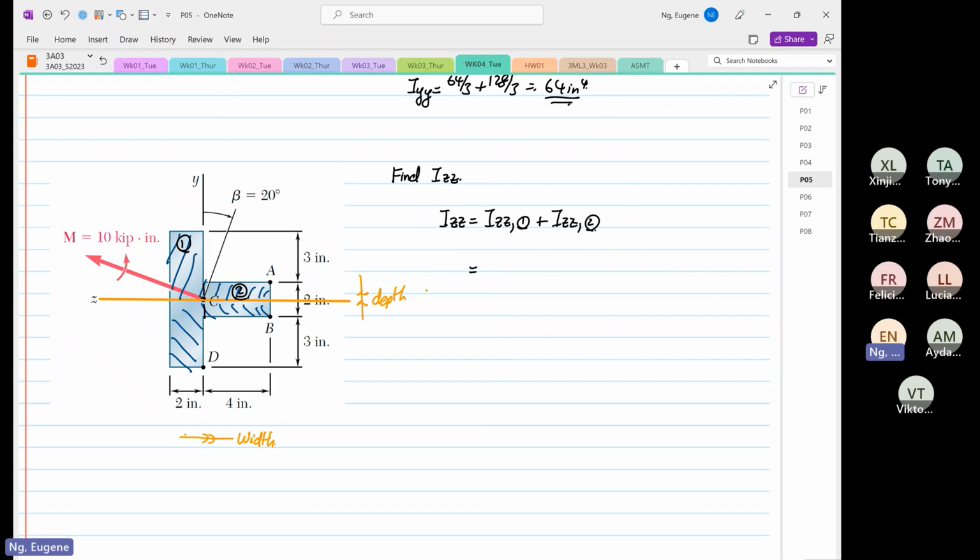So this will be equal to, IZZ1, the width is 2. The depth is 8 cubed over 12 plus the width is 4. The depth is 2 cubed over 12. So it's useful to identify which is your width and which is your depth initially, to formulate something like that.